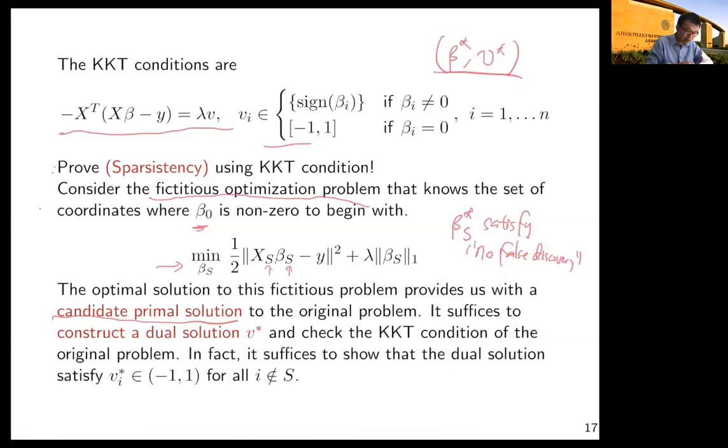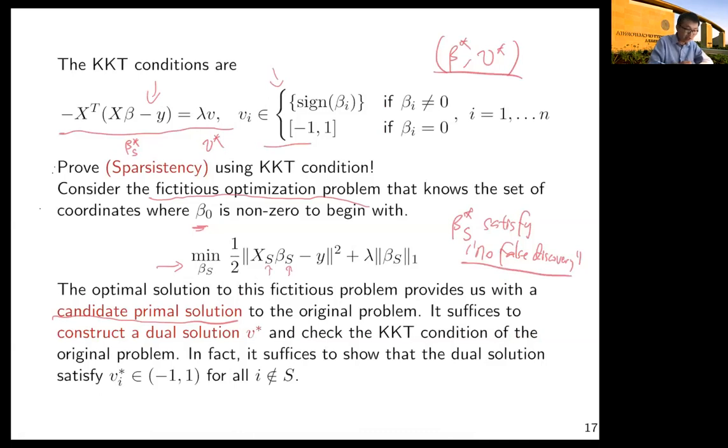If we check this condition after we plug in the padded beta S star and the constructed V star, and if this condition and that condition are true, then we can say that the no false discovery is proven.